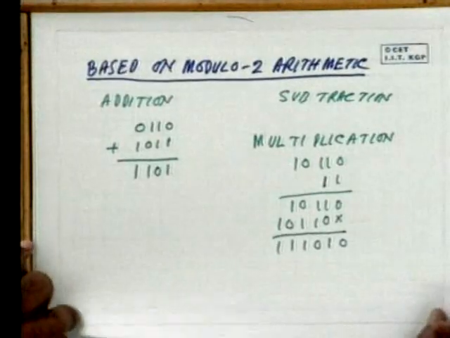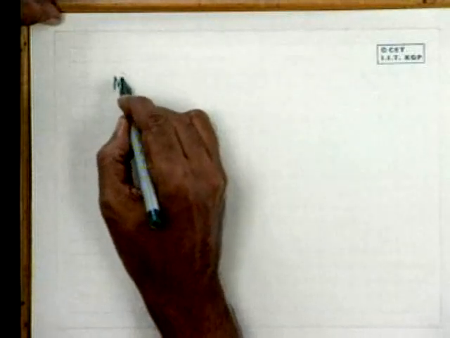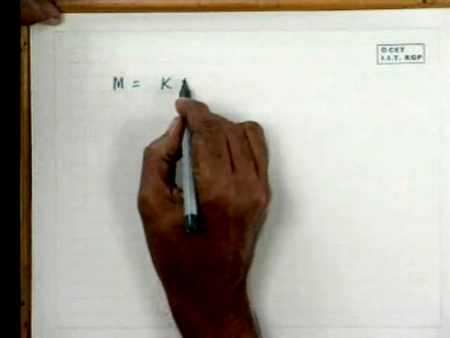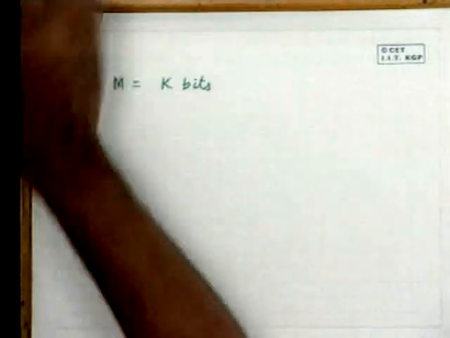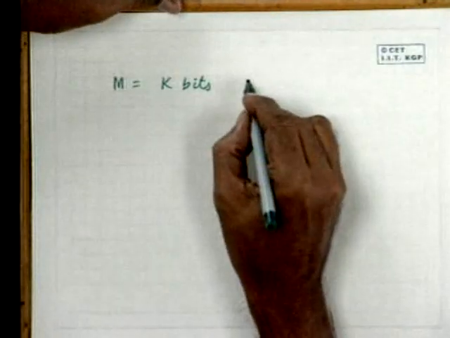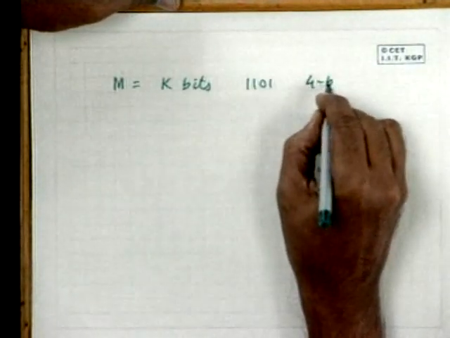Let us see how you can obtain the F based on this. Suppose your message M is of K bits. For simplicity, let's assume this is only 1101, only 4 bits.